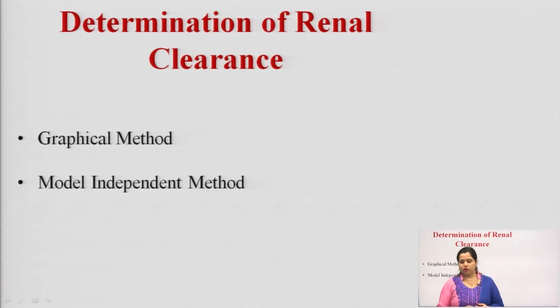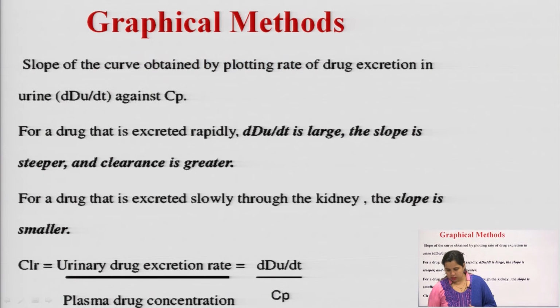So, determination of renal clearance by the graphical method and the model independent method. In the graphical method, we take the slope of the curve obtained by plotting the rate of drug excretion in urine, du by dt, against Cp. For a drug that is excreted rapidly, that means du by dt is large, the slope is steeper and clearance is greater, right.